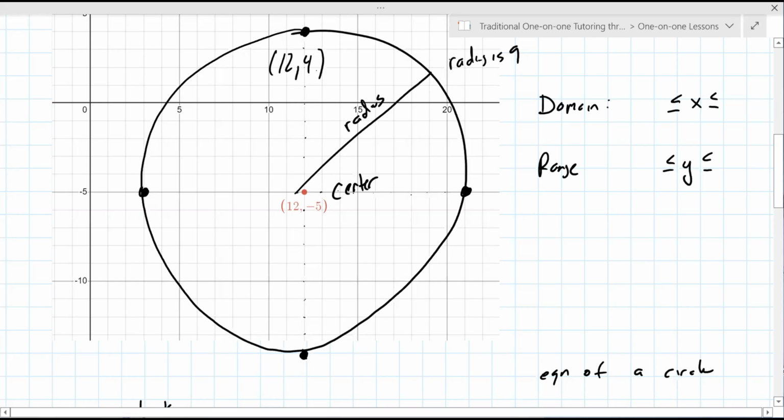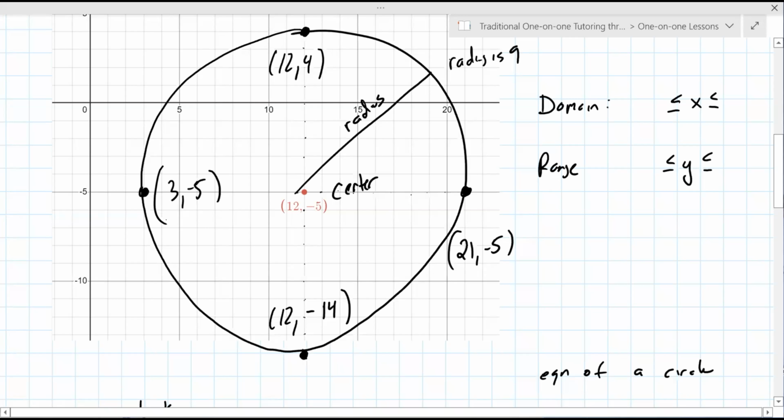Then the east is 21 and minus 5. For the south one, it is 12 and minus 14. Then for the west, it is 3 and minus 5.